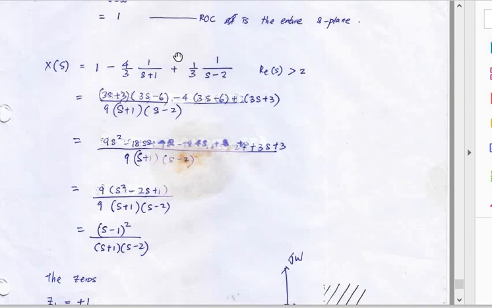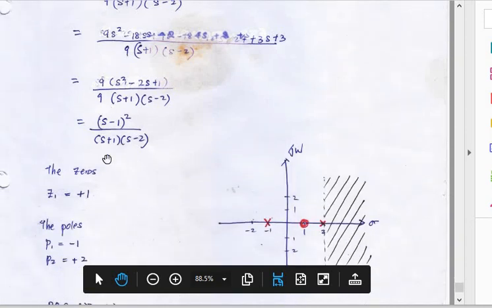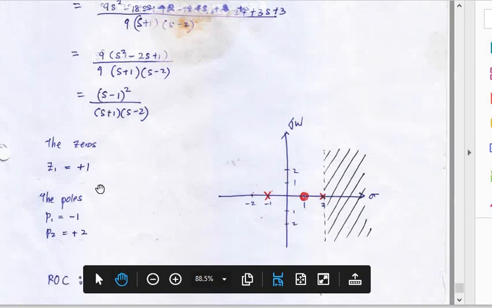No, we cannot have the plus operation, so we must multiply in and solve the equation. At the end there is no operation inside, only s minus 1 squared over s plus 1, s minus 2. Once you get the s values, you can plot the zeros and poles.